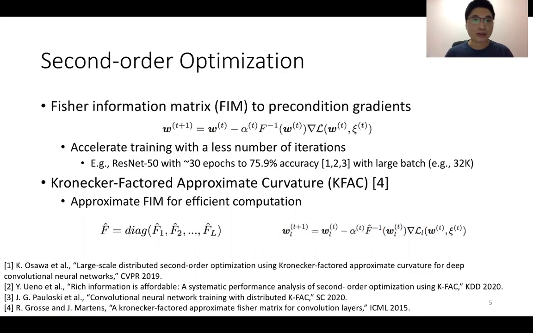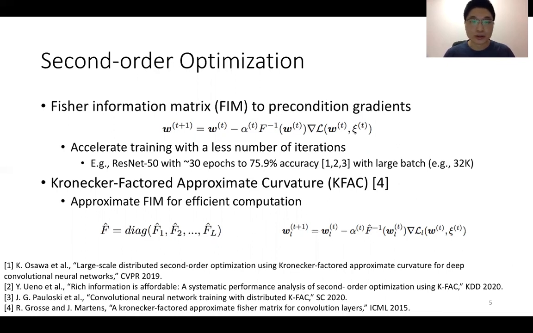So recently, second-order optimization techniques have been brought into the optimization of deep learning models. Particularly, they utilize the Fisher information matrix to precondition gradients. They use the inverse of the Fisher information matrix to accelerate training with fewer iterations.